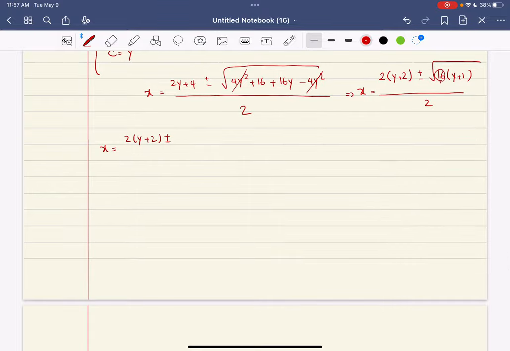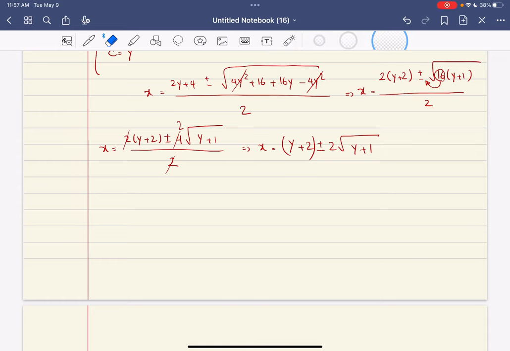The 16 can come out of the root. It would be 4 times y plus 1 over 2. So the 2's would be cancelled out. So x would be equal to y plus 2 plus minus 2 times root y plus 1.